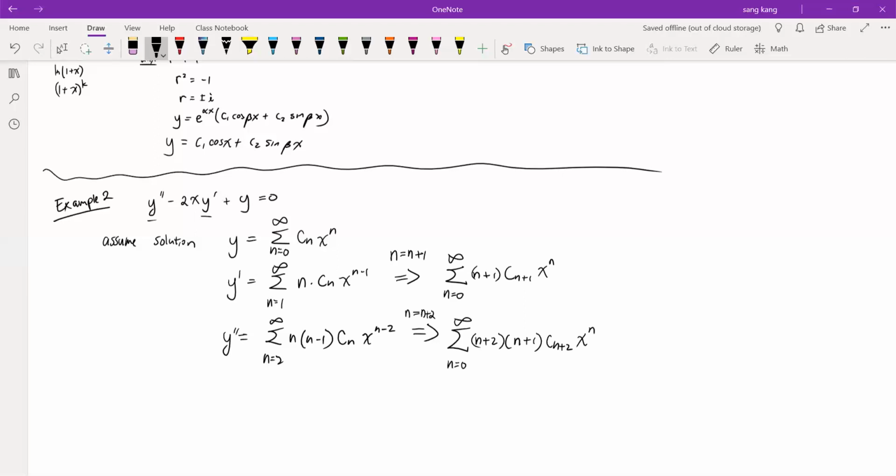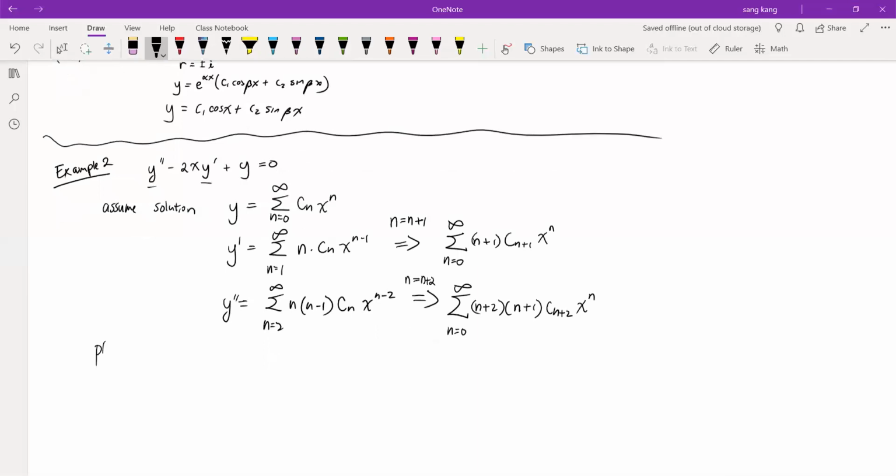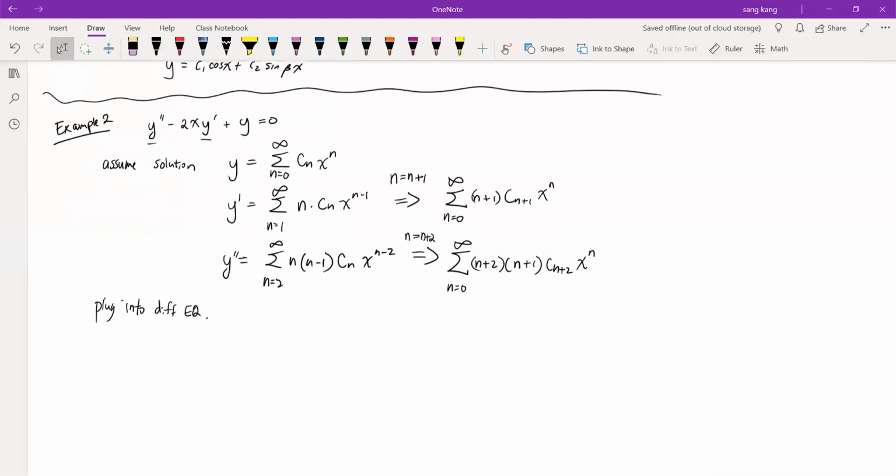So now let's plug into our differential equation, y double prime minus 2xy prime plus y equals 0. So this would be summation. Y double prime is here: n plus 2, n plus 1, c to the n plus 2, x to the n.